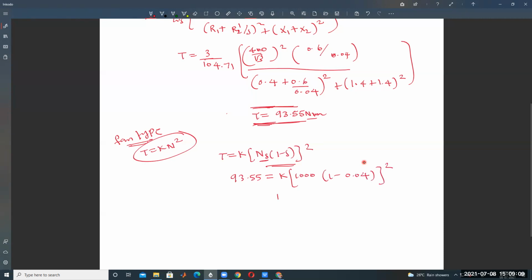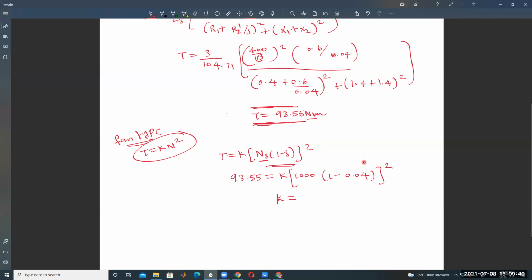Tell me what is the K value here? What is the K value? 93.55 is equal. Find the K value.